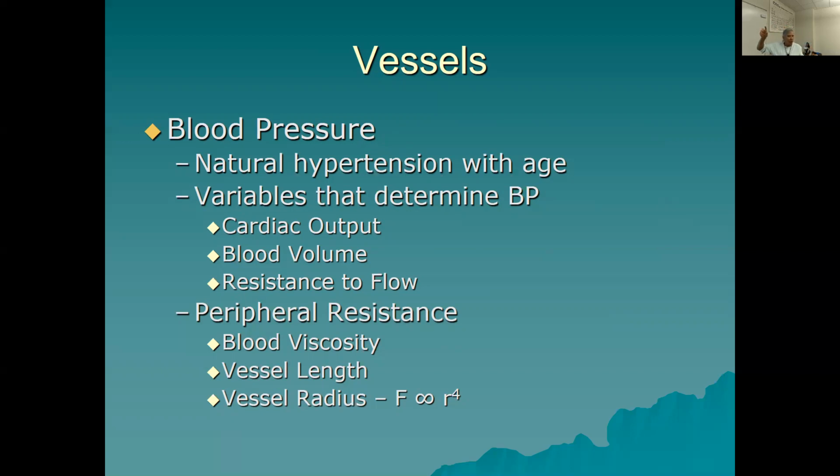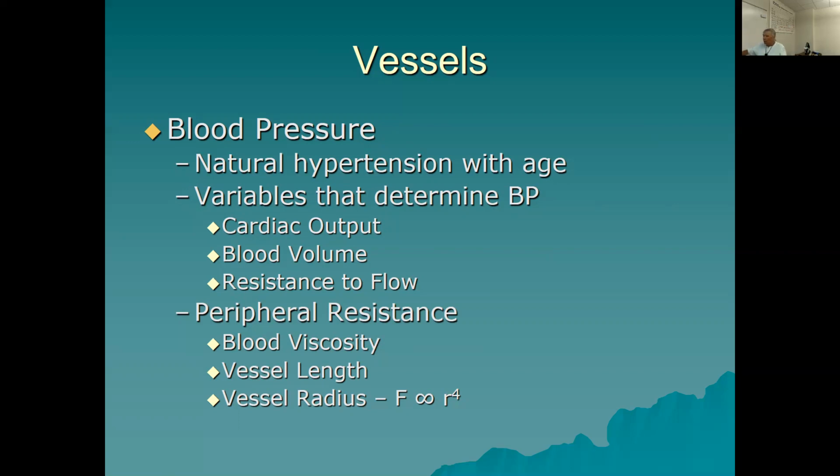Remember, larger space means lower pressure, and smaller space means higher pressure. So they bulge out to a certain large space, and the pressure could be 120 millimeters of mercury. That stretching is allowed by the elastic lamina, but they become less elastic with age. So as you grow older, they don't stretch out as much as they used to. The space is smaller, therefore the pressure is higher, and you're going to have a little bit higher blood pressure with age. Okay.